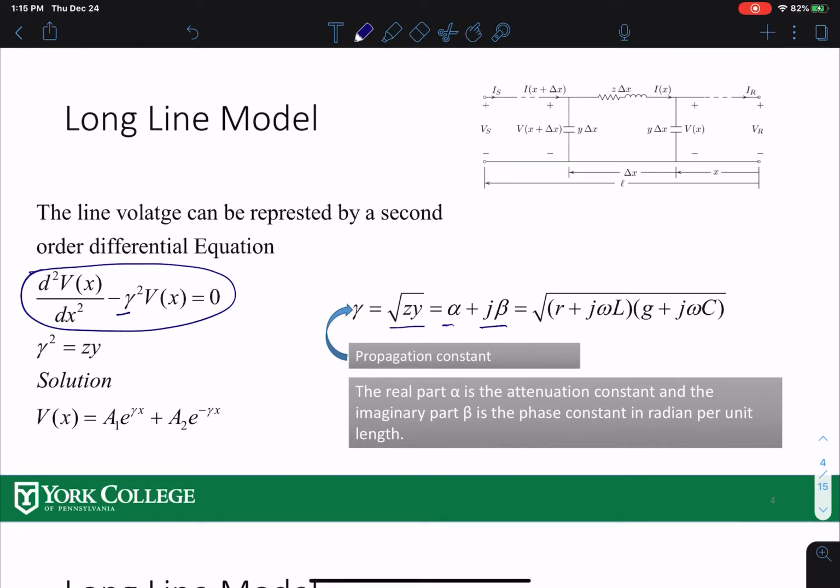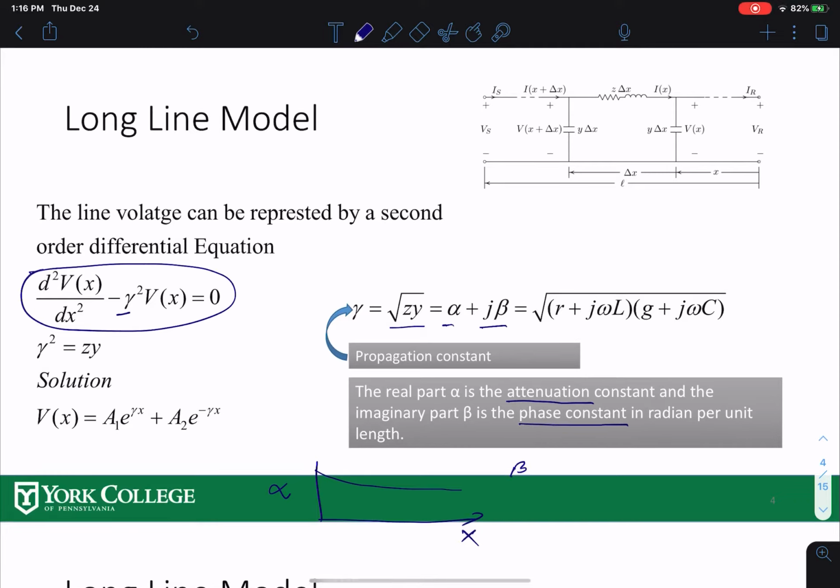So what is alpha? Alpha is called the attenuation constant. That means how your signal is attenuating over the line is given by alpha. The attenuation tells you how your signal is declining over the length. And beta, what is beta? Beta is called the phase constant.